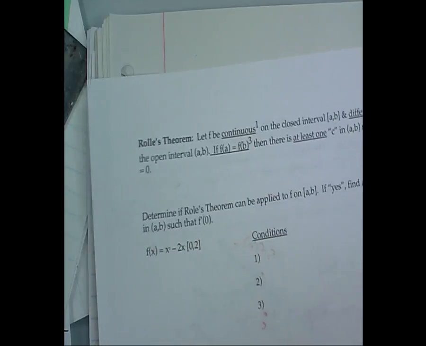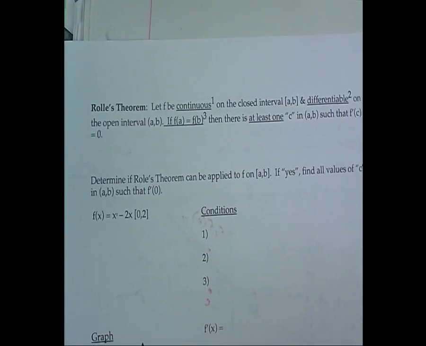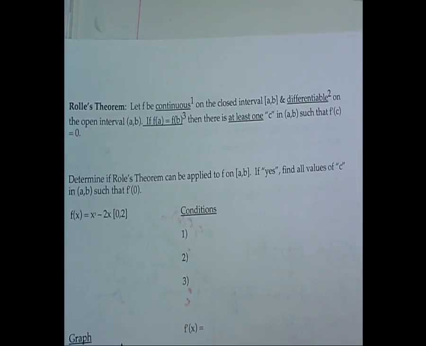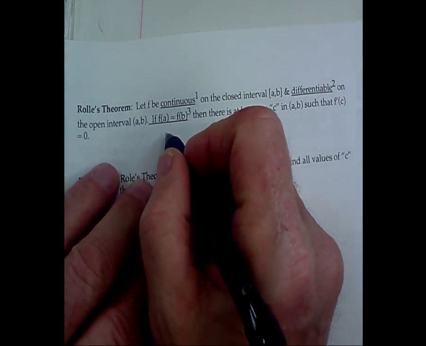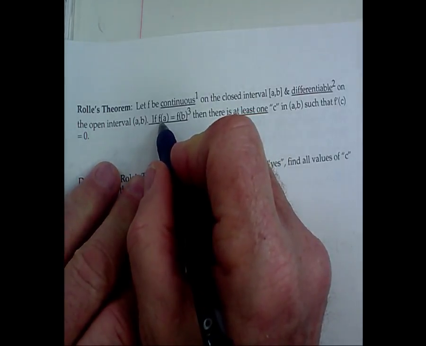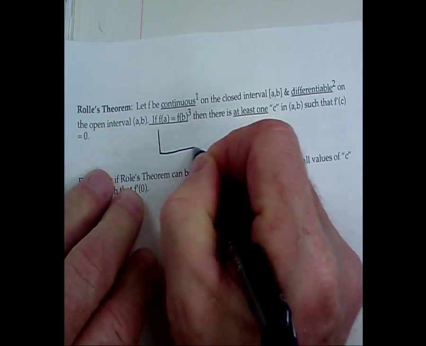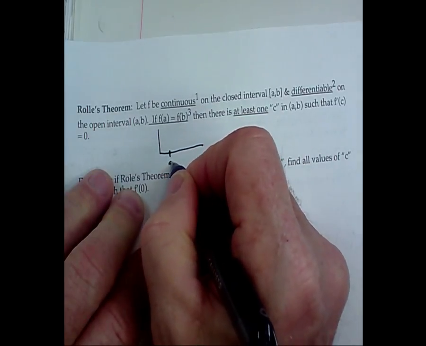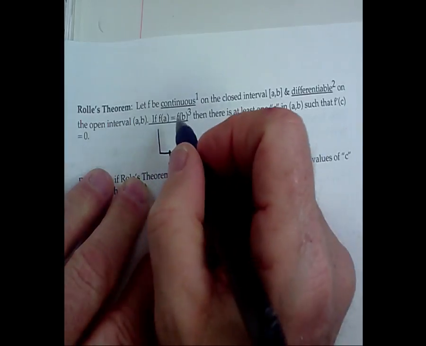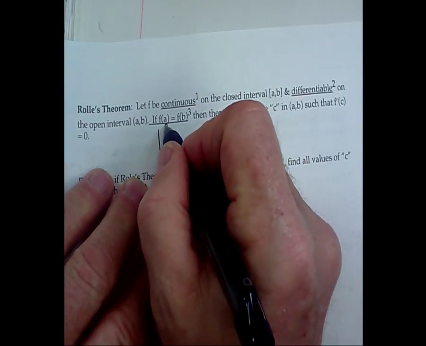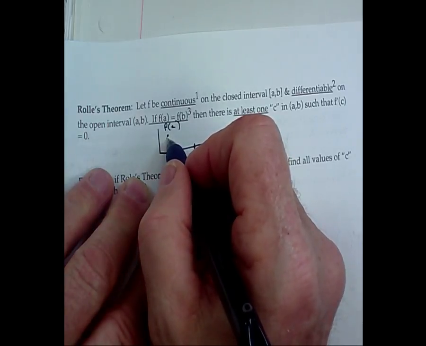Rolle's theorem is just a special case. So here's the idea. Notice it says f of A equals f of B. So I'm going to draw a graph. Here's A. Here's B. Here's f of A. That's that y value when I put A in it, correct?